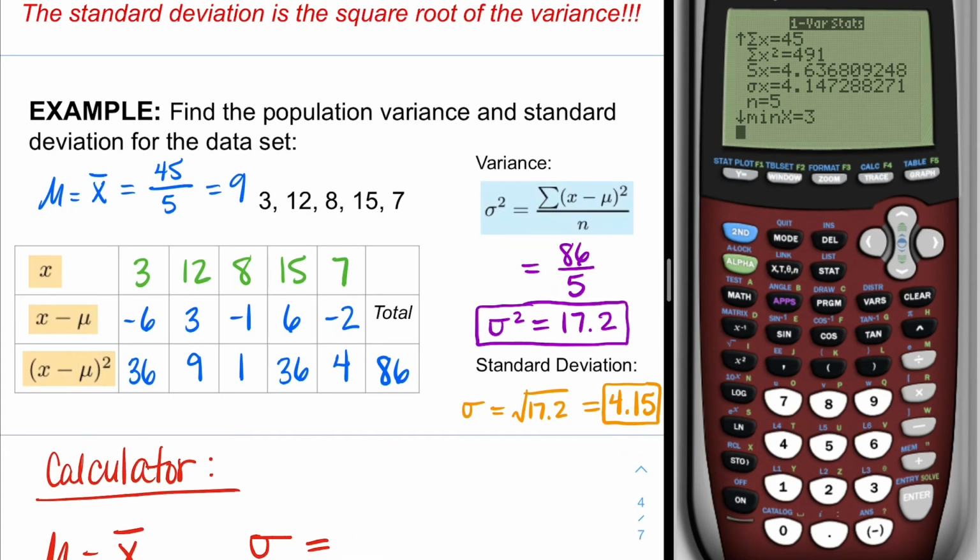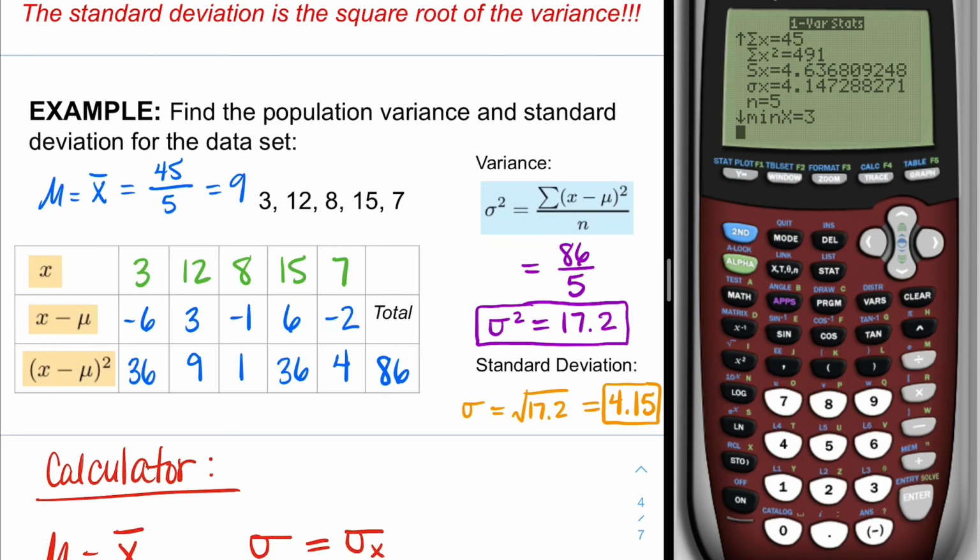As you see here, right above the n equals 5, that's the sigma x right there. And that is 4.15 if we round to 3 sig figs. So we get the same exact answer in the calculator as we do by hand.